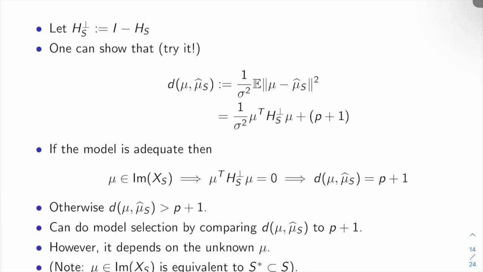The way it works is you'd have this H matrix associated with X_S. And what you do is calculate mu hat S, which is going to be H_S times Y.